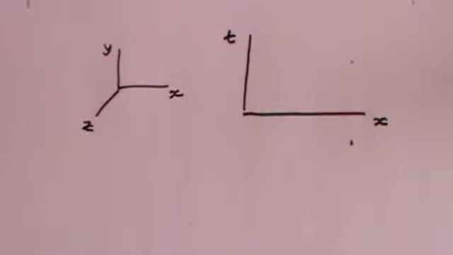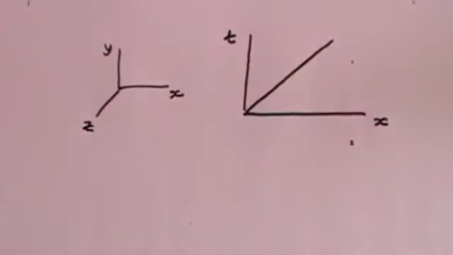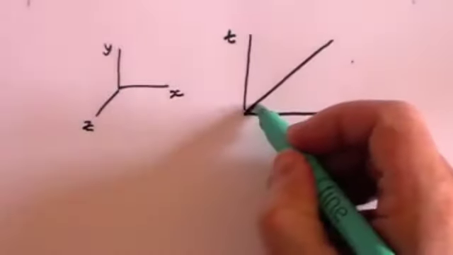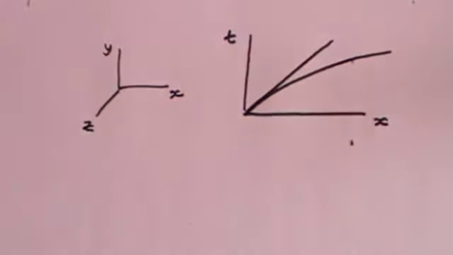Now, if you draw a constant velocity in space-time, you get a straight line, because a straight line is distance divided by time. It's a constant distance divided by a constant time, and that is a constant velocity. But if you accelerate in space-time, you get a curve. The reason, of course, being that acceleration means that the longer the time, the further you go.